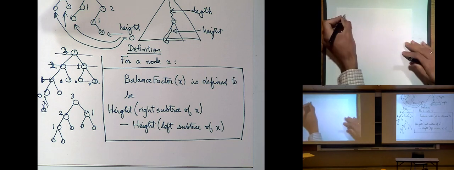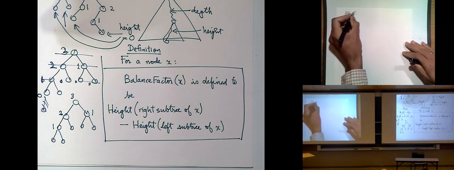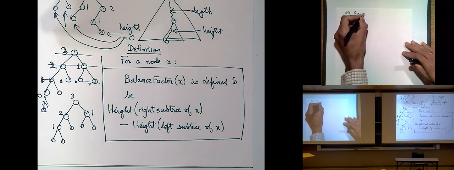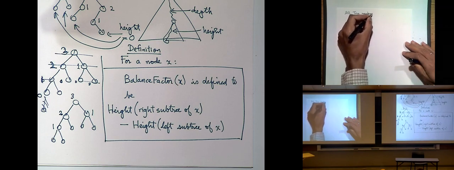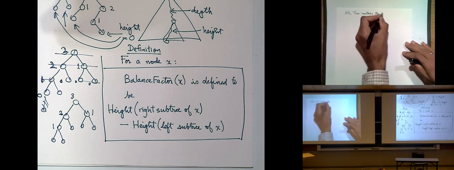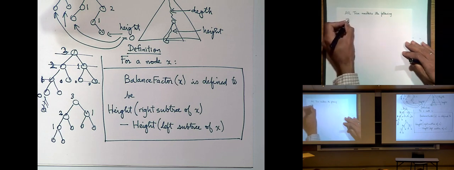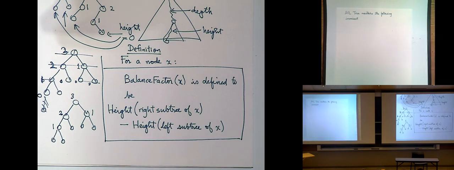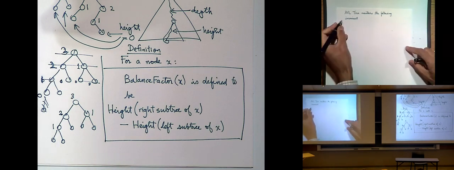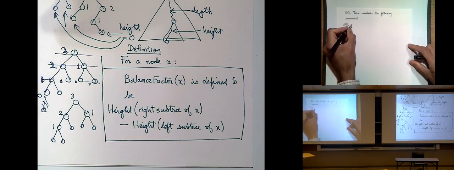The AVL tree maintains the following invariant. Remember, we talked about heap invariants, binary search tree invariants, and now we have what is called the AVL invariant. This is also called the AVL property.